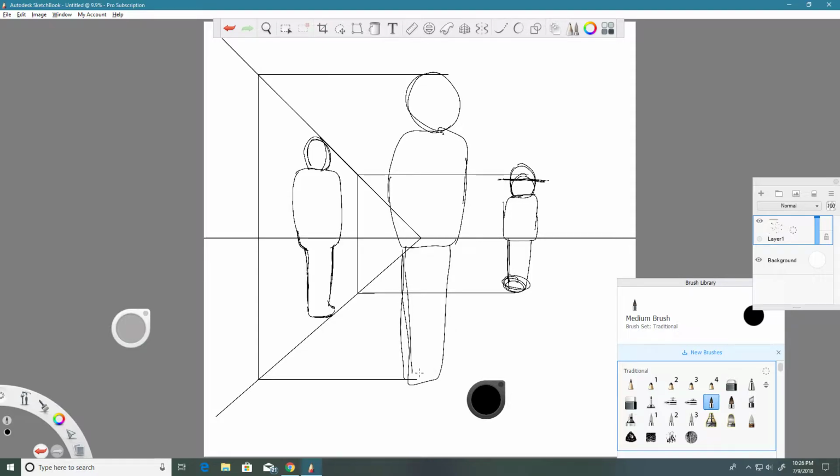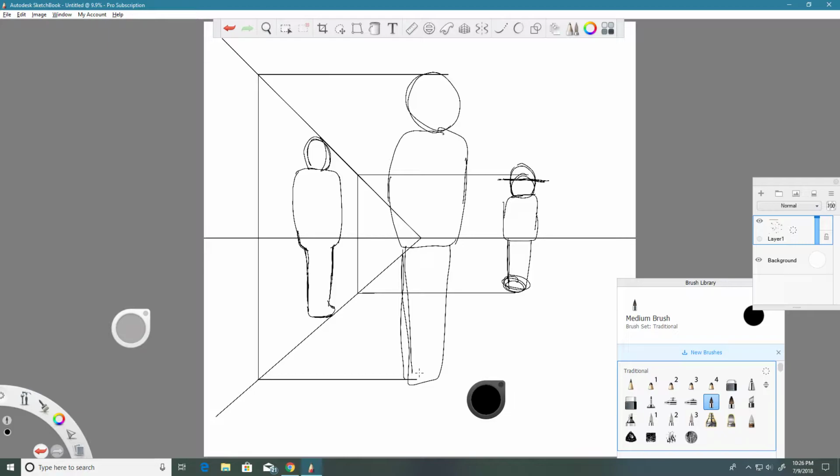Alright, so now maybe it's the Three Musketeers or some other trio, but we now have three people in our scene, and they all look roughly like they belong together. They have the same kind of perspective, they have the same scale.